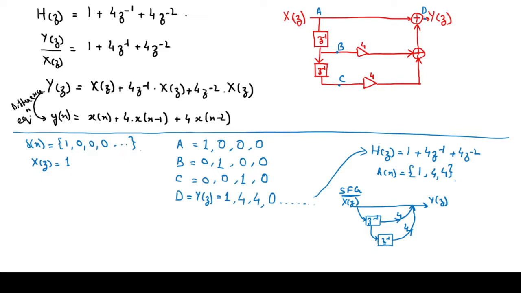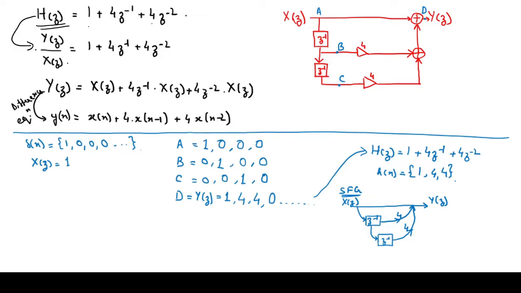Now let us take an example. So over here, I am having this H(z) which equals 1 plus 4z inverse plus 4z to the power minus 2. Okay. Now H(z), just a few moments back I told you I can write it like this. Y(z) by X(z) is equal to 1 plus 4z inverse plus 4z to the power minus 2.